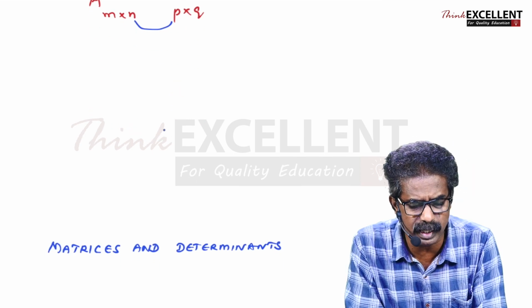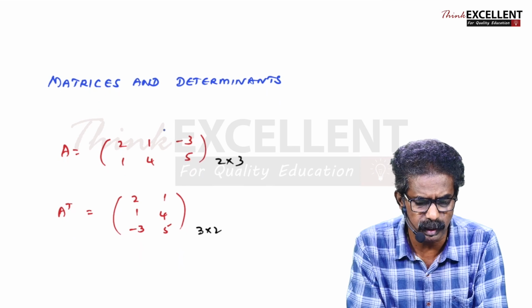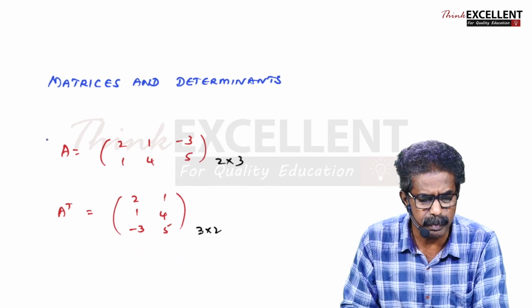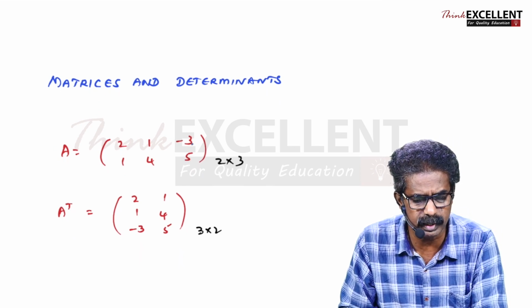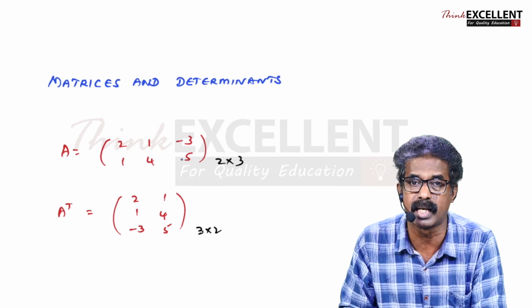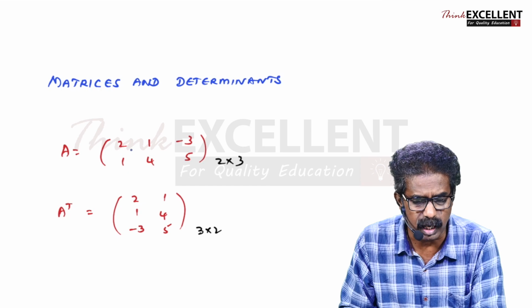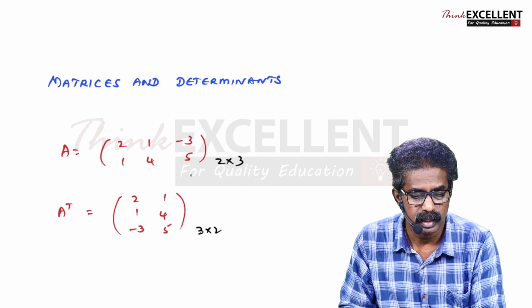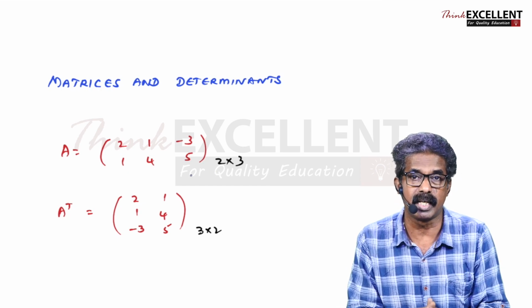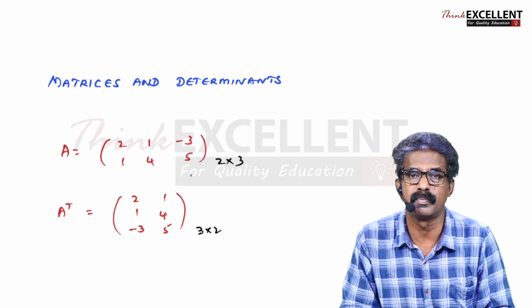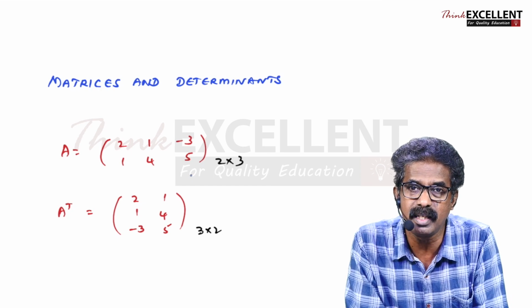Then transpose, that's important. Listen, suppose A is a matrix, 2, 1, minus 3, 1, 4, 5. You know the order of the matrix, there are 2 rows and 3 columns. So the order is 2 by 3. Transpose, denoted as A transpose, A power T. Interchange rows and columns.